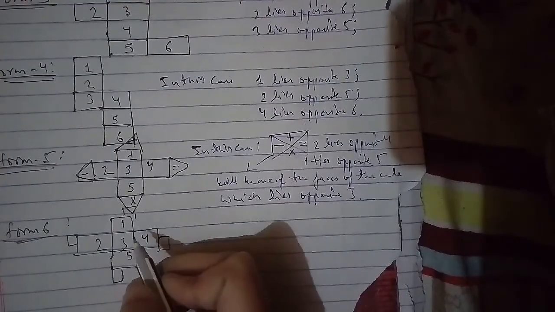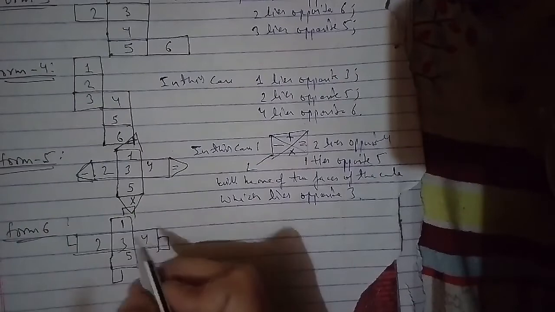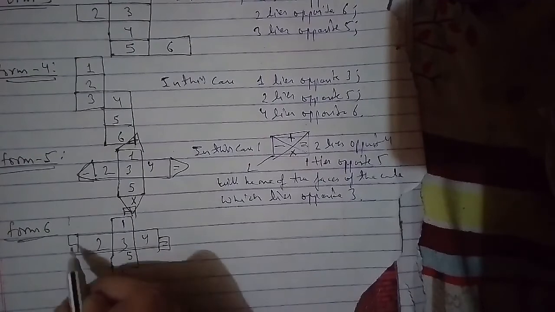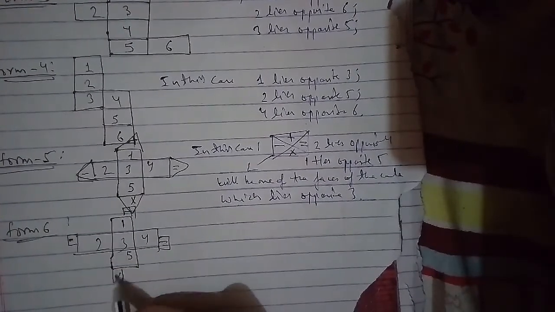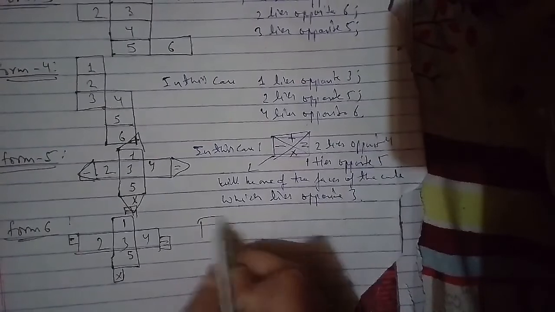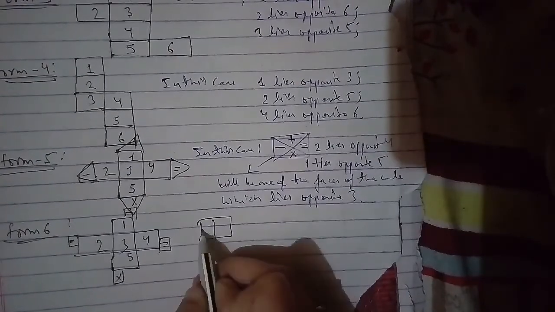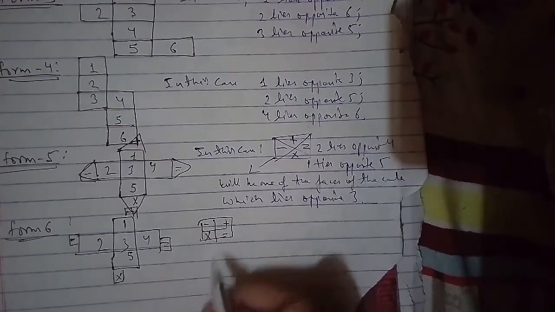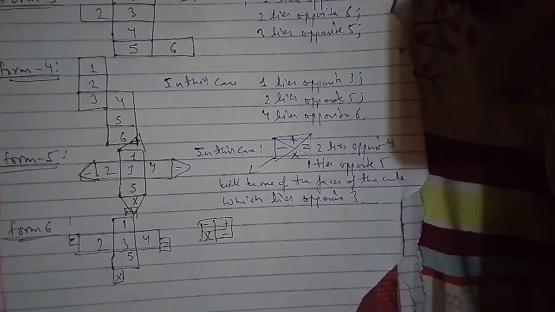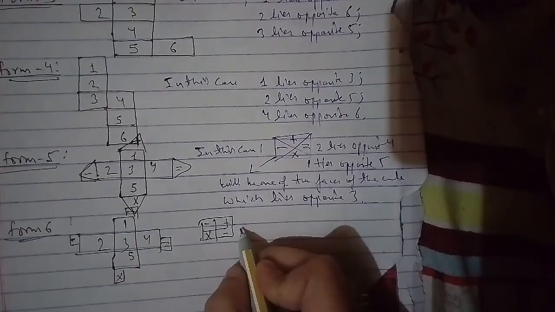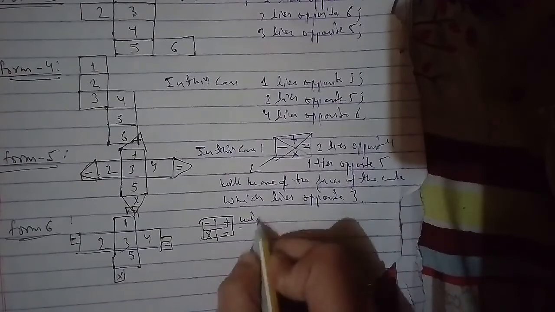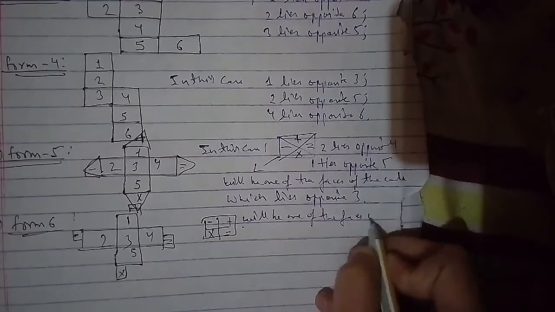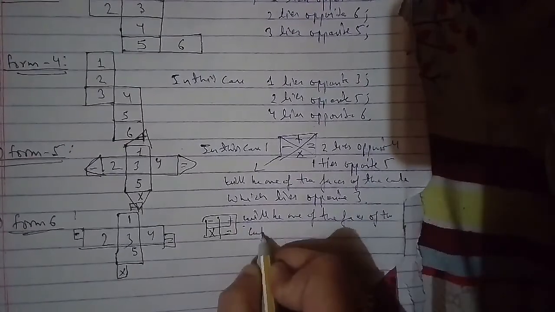So in this case this will be one of the faces of the cube which lies opposite 3, and 2 lies opposite 4 and 1 lies opposite 5.